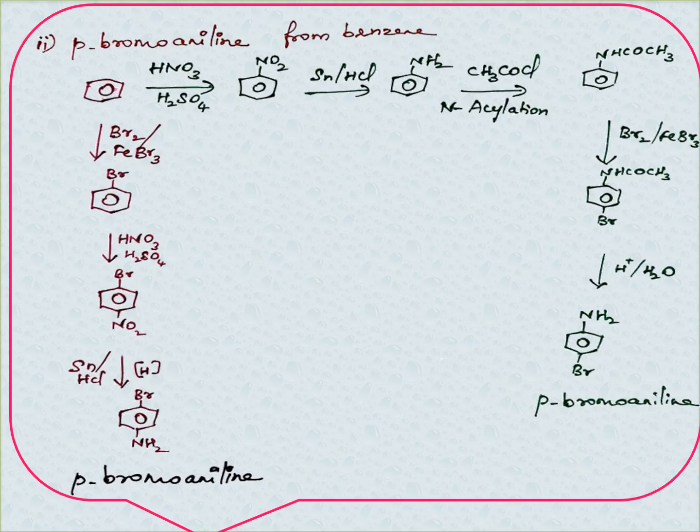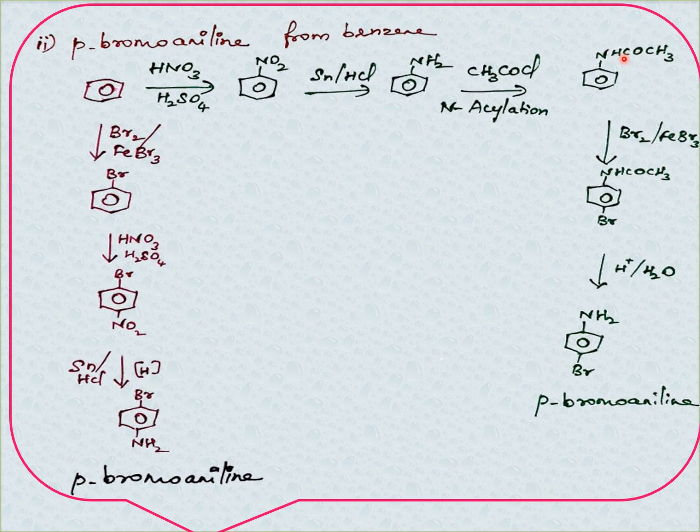Here we have to synthesize para-bromoaniline from benzene. There are two possible ways. From benzene, we have to nitrate it first. Nitrobenzene is obtained. Reduction by tin HCl gives aniline, a primary amine. It has to be acylated, that is, N-acylation has to be done.